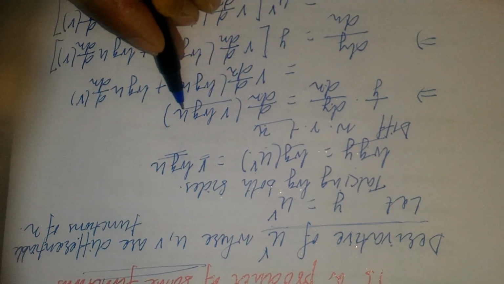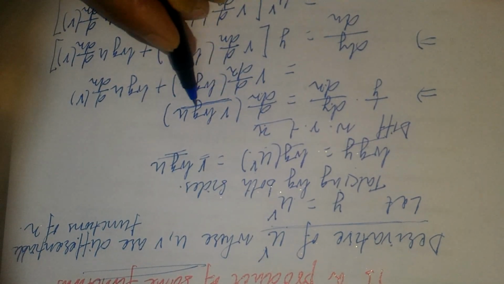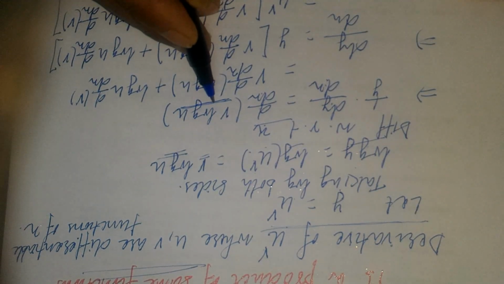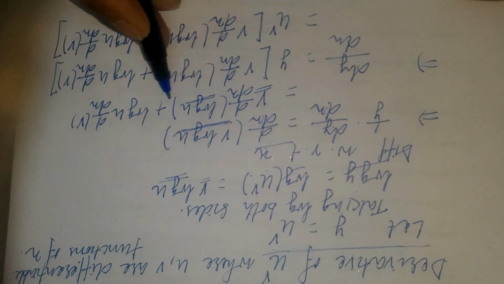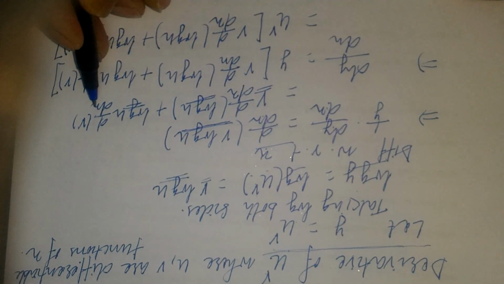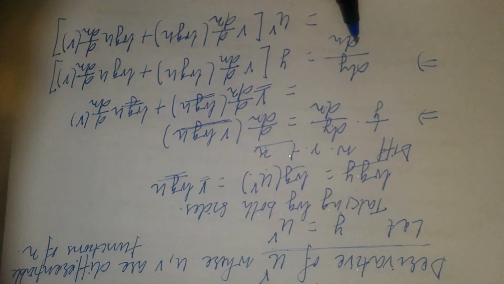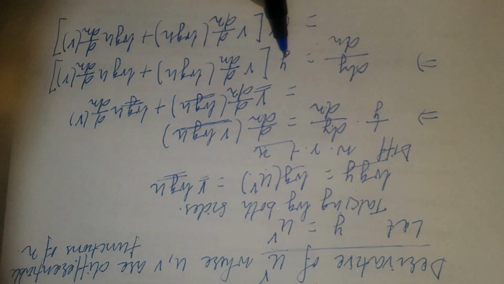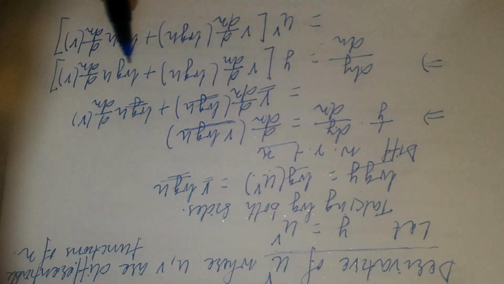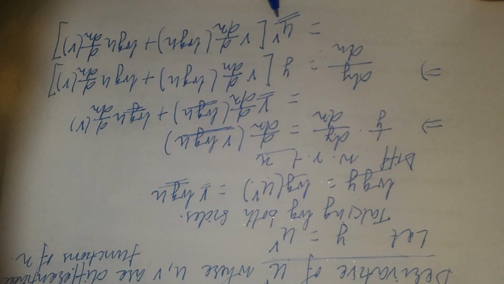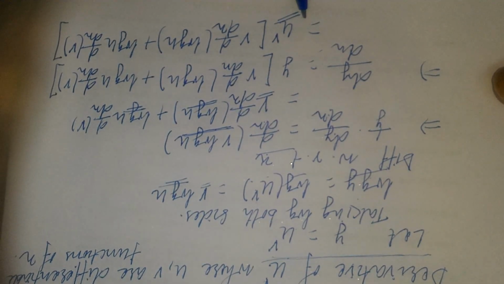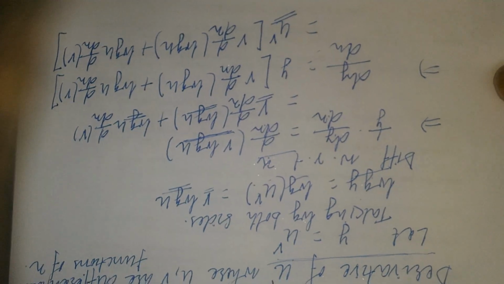Here we have been able to express the function in product form, so we'll apply the product rule: first function times derivative of second, plus second function times derivative of first. Then take y to the other side, write the whole thing, and ultimately substitute the value of y. That gives you the derivative of this function.